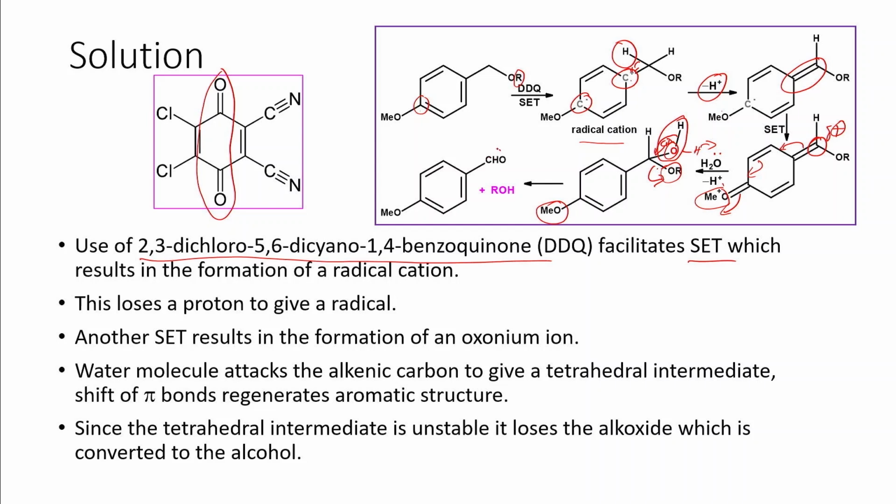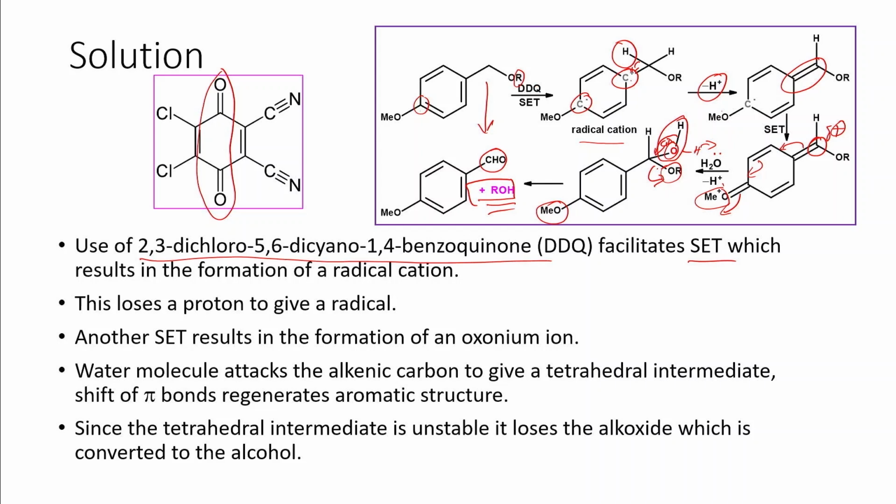So we end up with the aldehydic unit as the byproduct, and we have the alcohol, because we started off with the para-methoxy benzyl protected alcohol as the starting material, which lost this RO bond. This is broken to give the alcohol that is formed as the final product. In other words, the protecting group of the para-methoxy benzyl ether is cleaved by the reaction with DDQ. So this is how the whole process takes place.